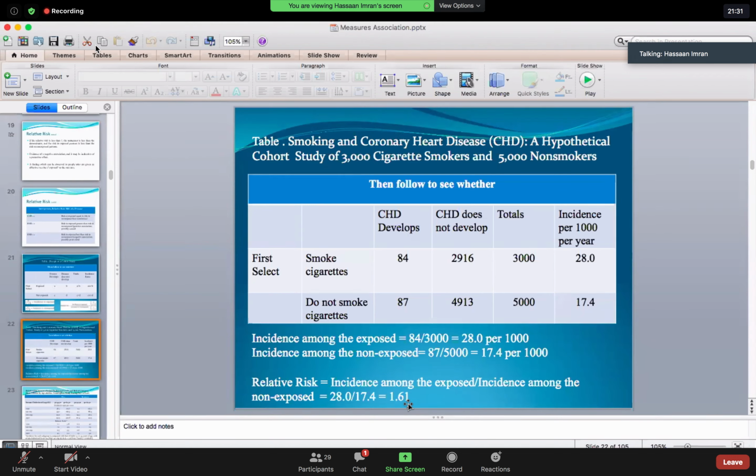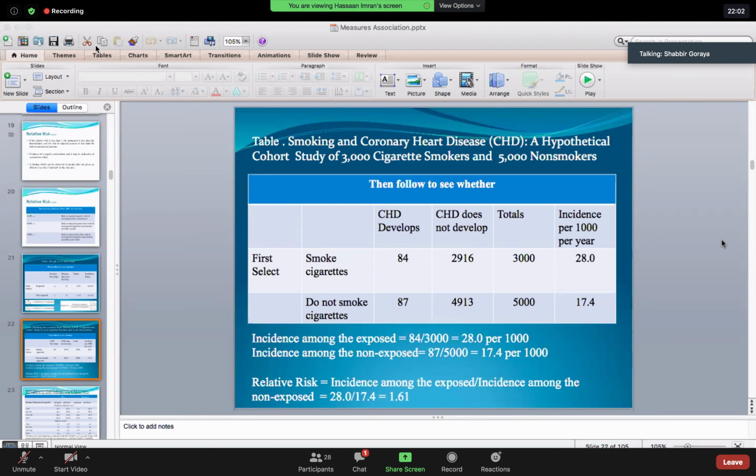This is a very important example because we are going to carry it forward for the calculation of our difference measures also. So what is this? Incidence per 1,000 per year. They have calculated incidence among smokers. So what does this mean, 28? Who will tell me? 28 out of 1,000 will develop the disease.